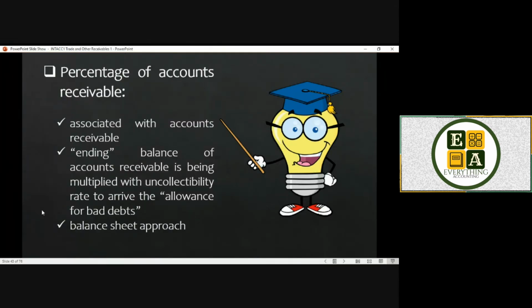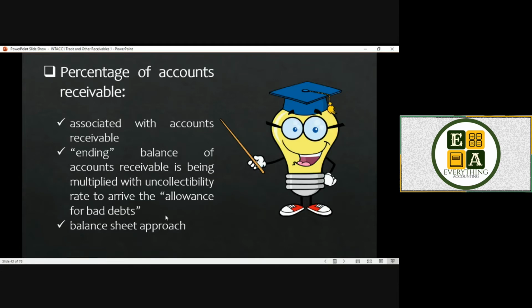Next, we have percentage of accounts receivable. Yung percentage of accounts receivable naman is the same with aging schedule na balance sheet approach siya. Why balance sheet approach? Kasi yung involved accounts are accounts receivable and yung ma-arrive na amount is allowance for bad debts. Okay?